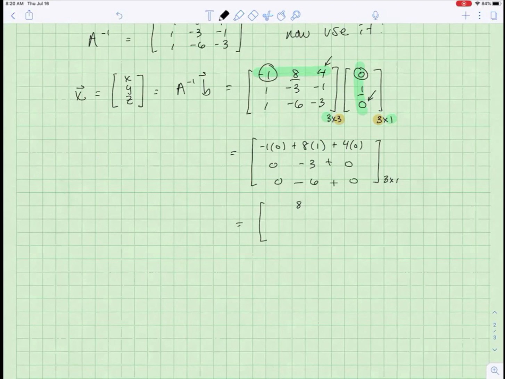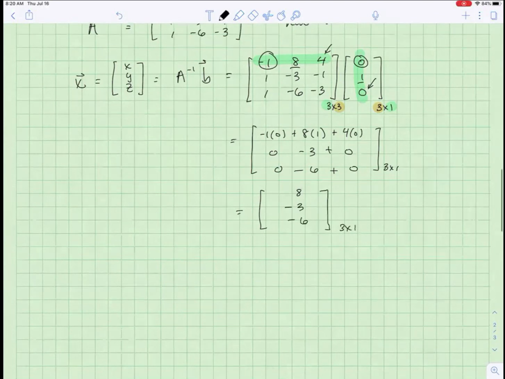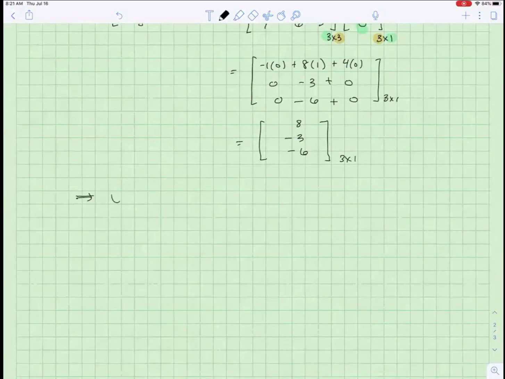So the result is 8, -3, -6 is our solution, which means that x is 8, y is -3, z is -6, or 8, -3, -6 is our ordered triple that satisfies that original system.